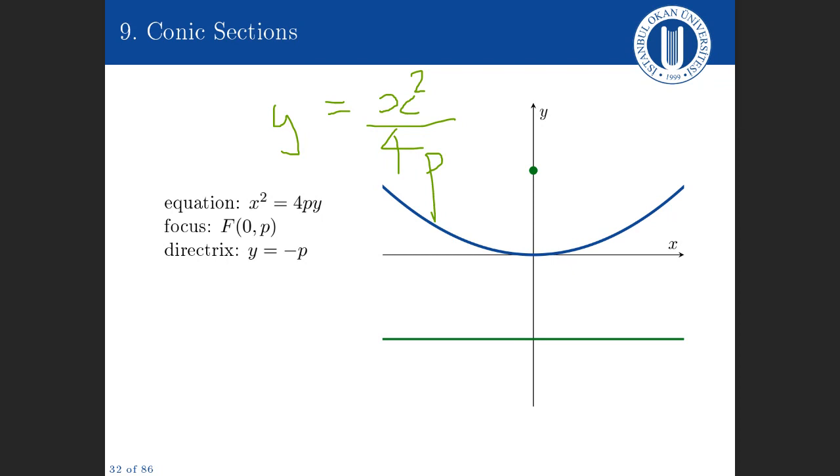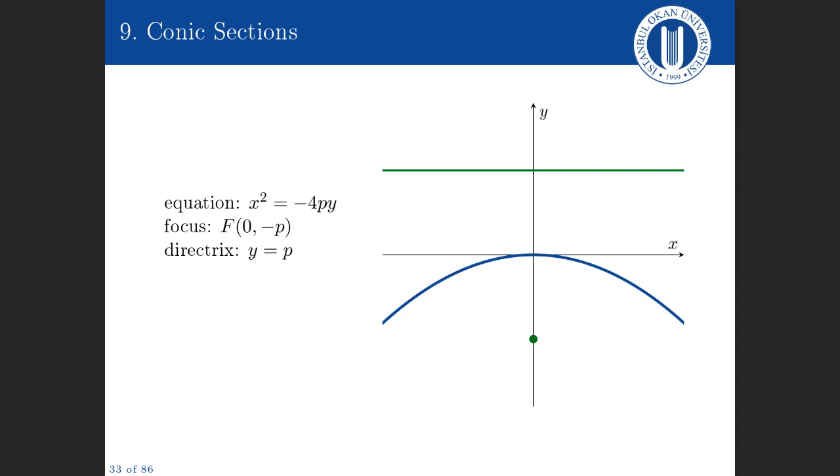We could flip this picture upside down just by multiplying by minus 1. Now I have the equation x squared equals minus 4py. The focus is (0, minus p). And instead of y equals minus p, now the directrix is y equals p.